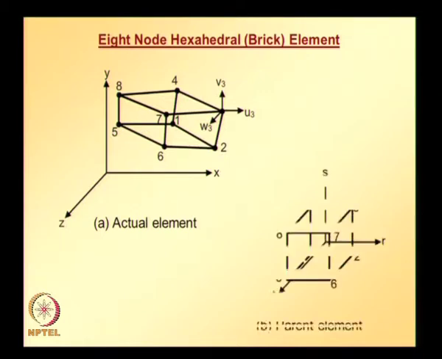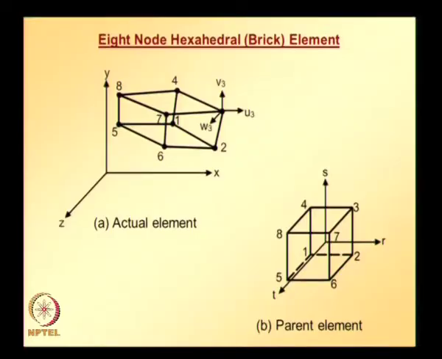So, parent element looks like this. Origin is located at the center, that is the center of this cube is located at r is equal to 0, s is equal to 0, t is equal to 0, and the dimensions of this cube are 2 by 2 by 2.